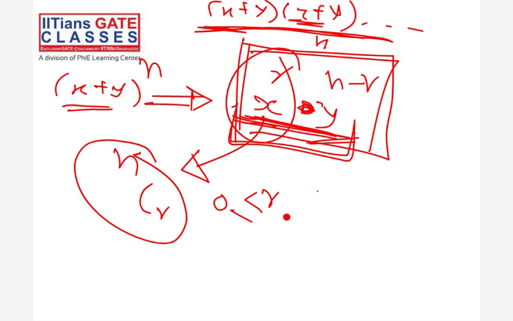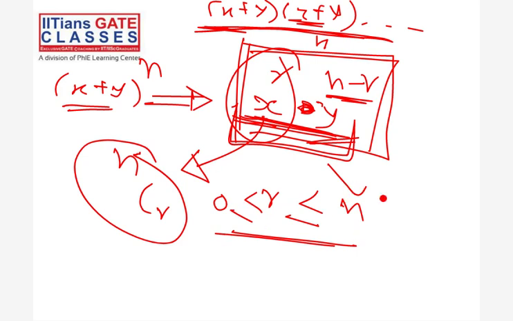At max, r can go to n. When r becomes n, it means that you have picked x from everywhere. In this case y will become y power 0, and it will become x power n. So r can go from 0 to n. r can take 0, 1, and so on, up to n.